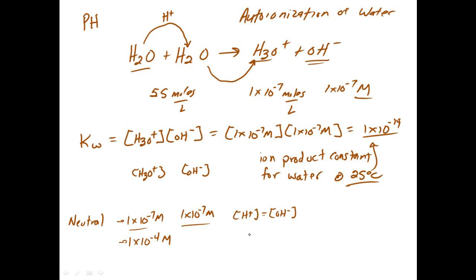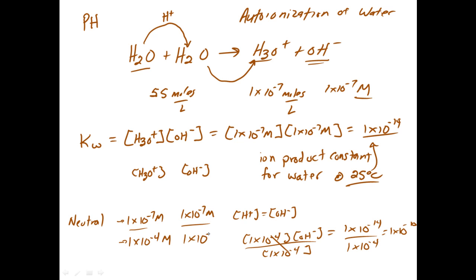So if the hydrogen ion concentration is 1 times 10 to the negative 4th, and I don't know what the hydroxide ion concentration is, I know that the product of these two must equal 1 times 10 to the negative 14th. So if I divide both sides by 1 times 10 to the negative 4th, I get the hydroxide ion concentration equals 1 times 10 to the negative 14th divided by 1 times 10 to the negative 4th. I get 1 times 10 to the negative 10th. So that is the concentration of the hydroxide ion.